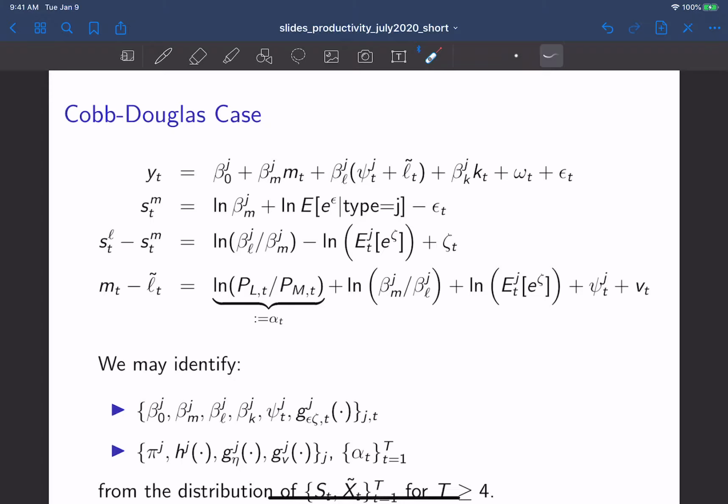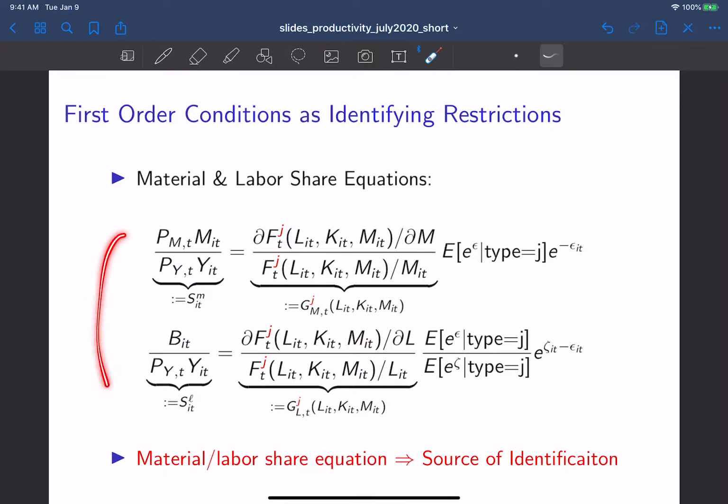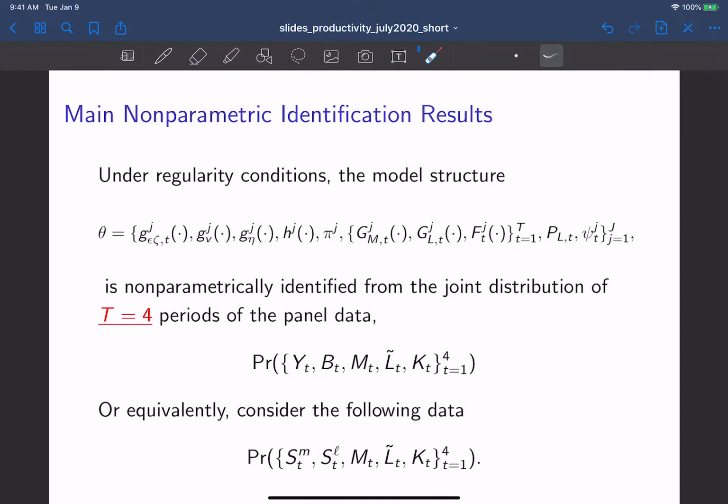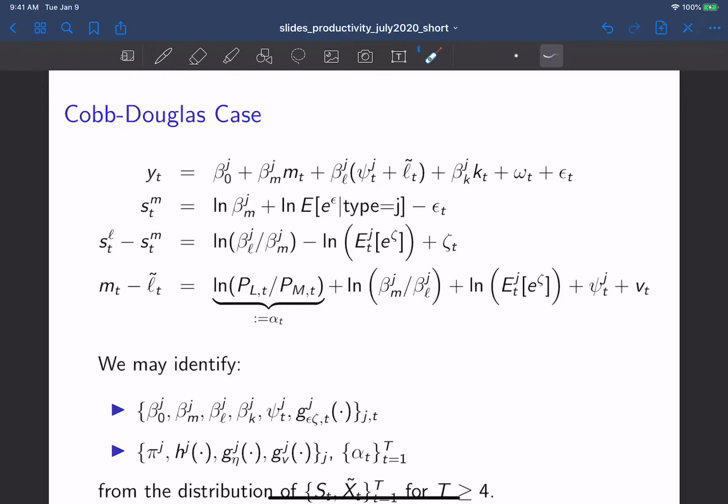In particular, we can think about the Cobb-Douglas case. So if you look at this first order condition, it's complicated, but the Cobb-Douglas case is very simple. Okay, and then this is a specification we're going to use for the empirical analysis. Note that there is one more equation coming from the wage-bill equation.